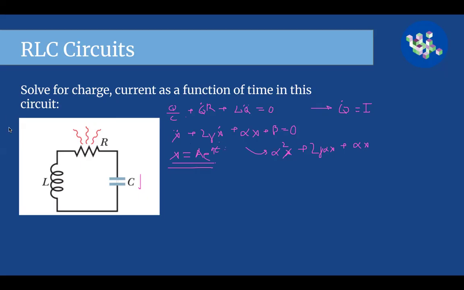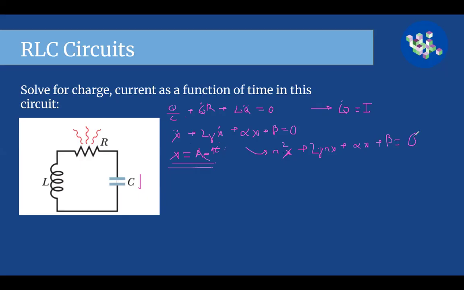So instead we get n squared x plus 2 gamma n x plus alpha x plus beta. This equals 0.